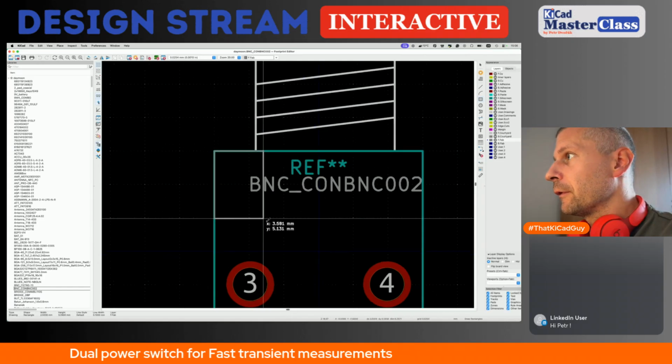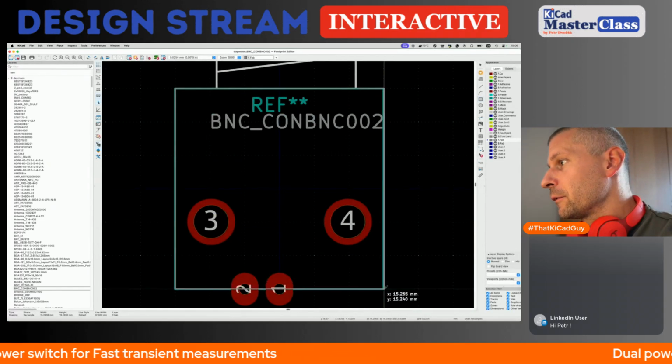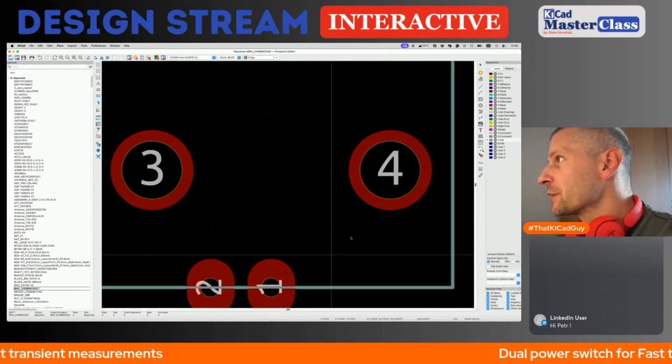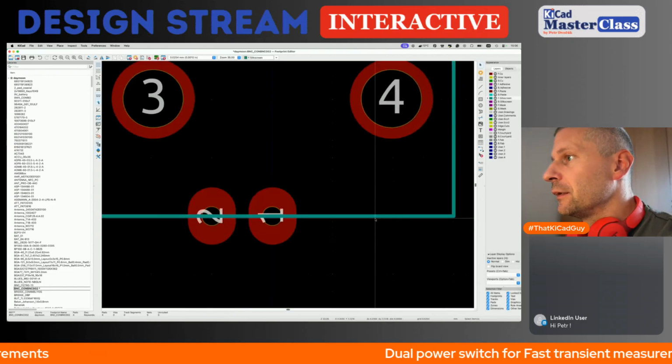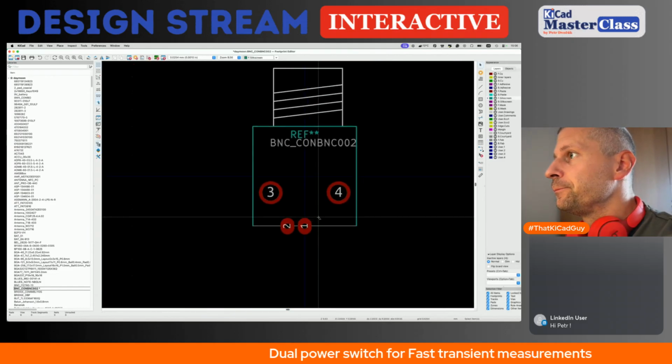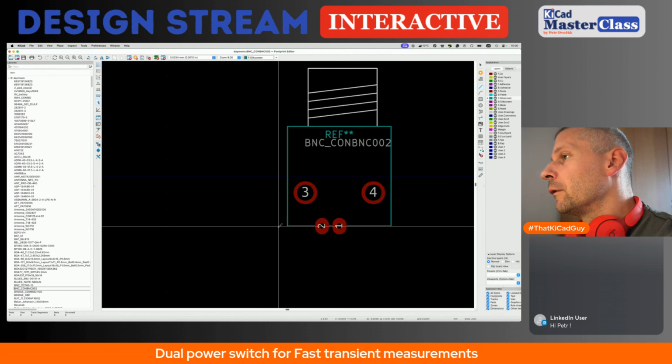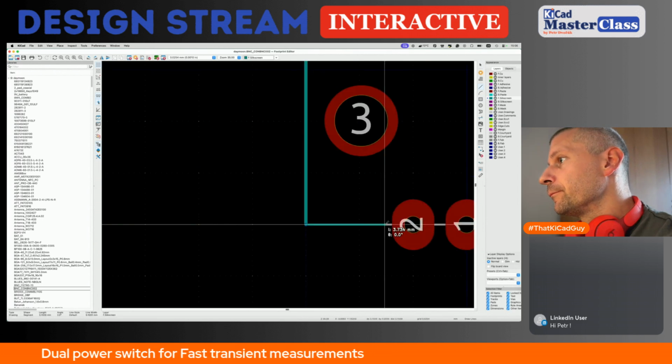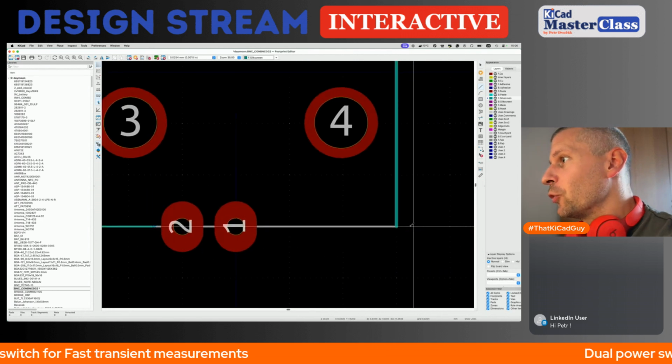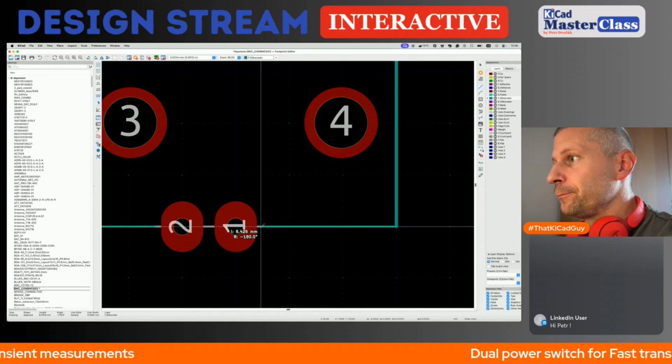And I have to check. Yeah, you can see that the silk screen is over the pads. Not my best work, I can say.